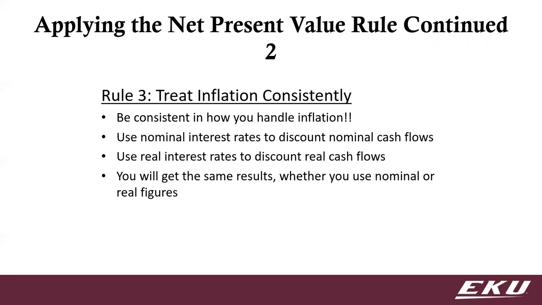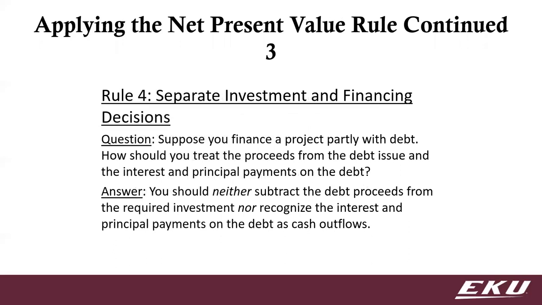Nominal is the named, right? Nom, and real means, well, we subtract off inflation, and this is what it really was. So when people change things into like 2020 dollars, they adjust those to those real dollars. And we just have to be consistent.